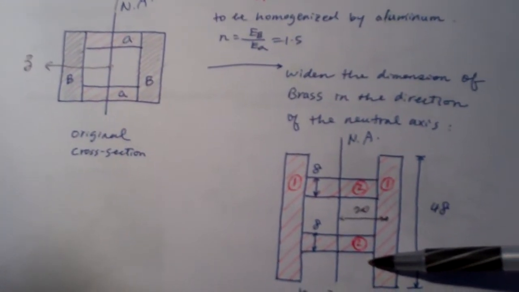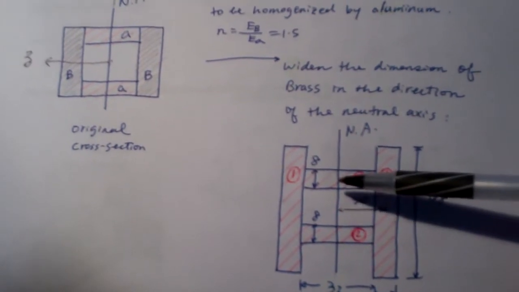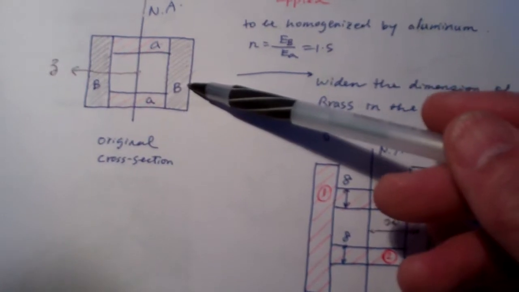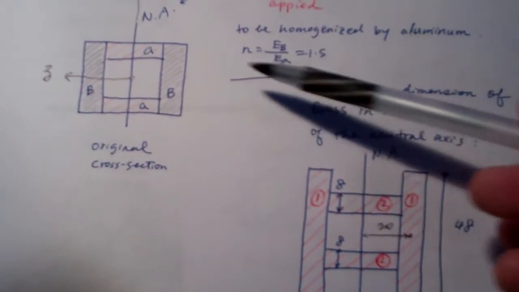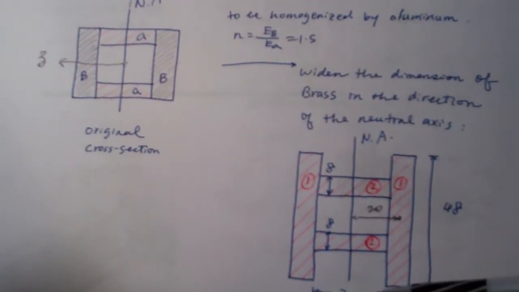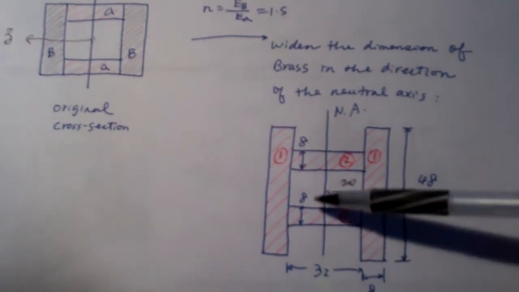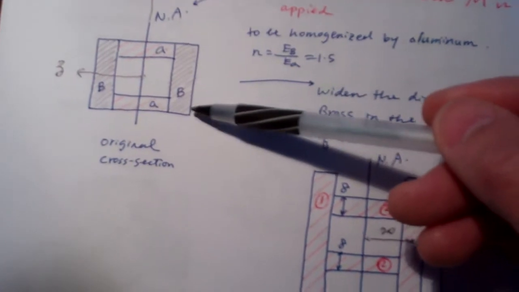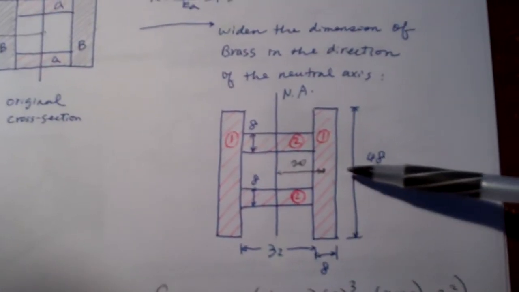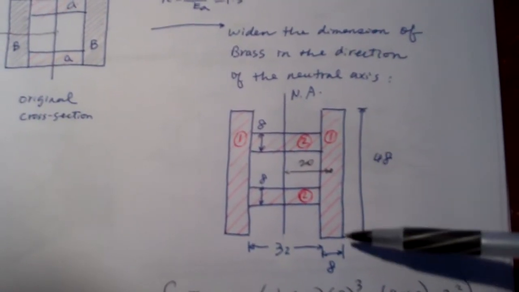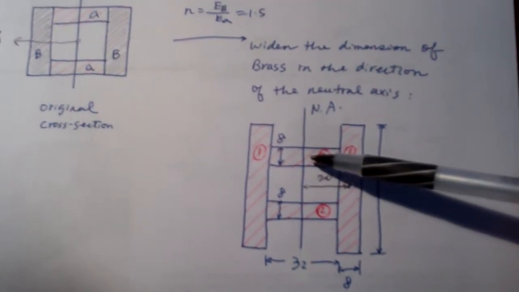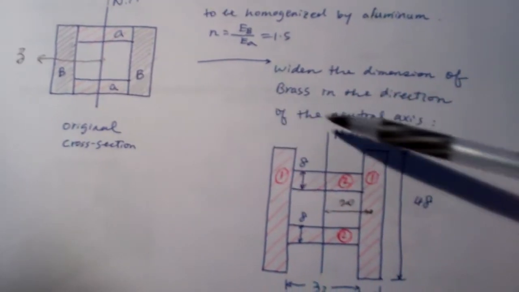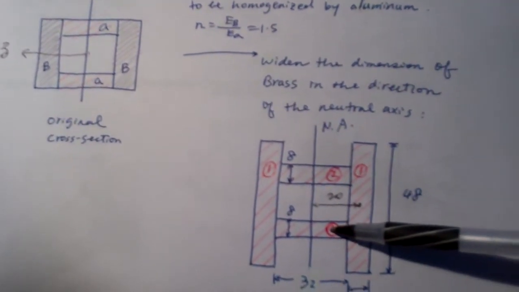We widen the dimension of the material to be transformed, which is brass, in the direction of the neutral axis by 1.5 times. Originally it is 32, we widen it to 48, evenly on both sides. Material 1, aluminum, is the base material, so we keep the same dimensions.